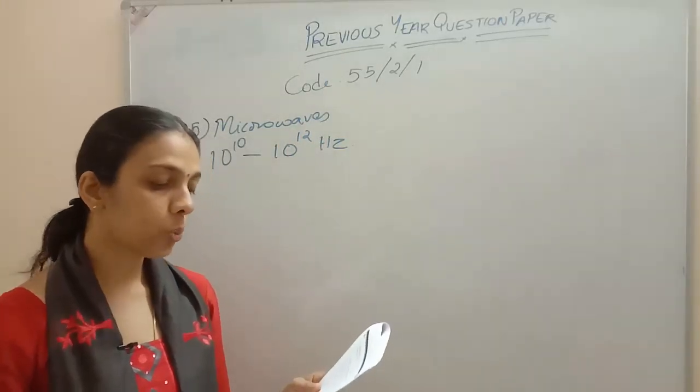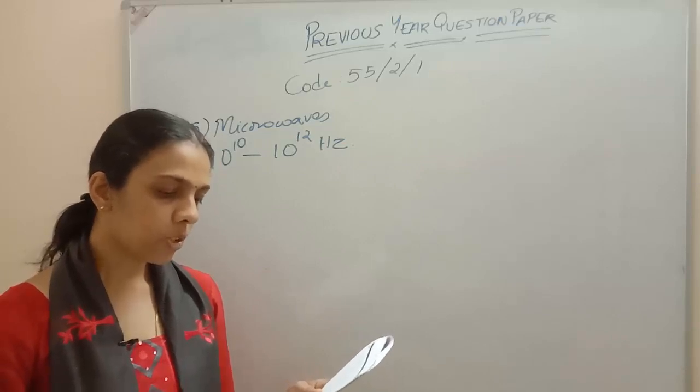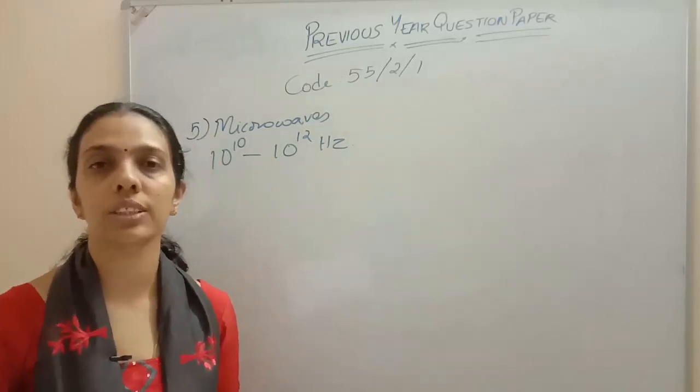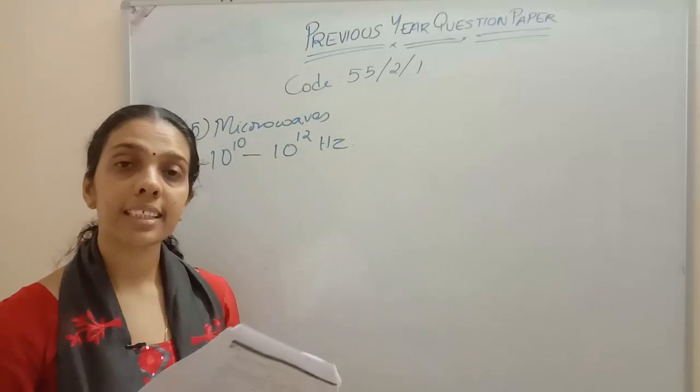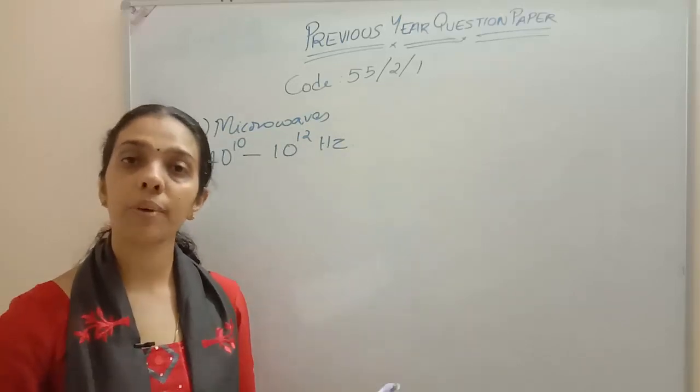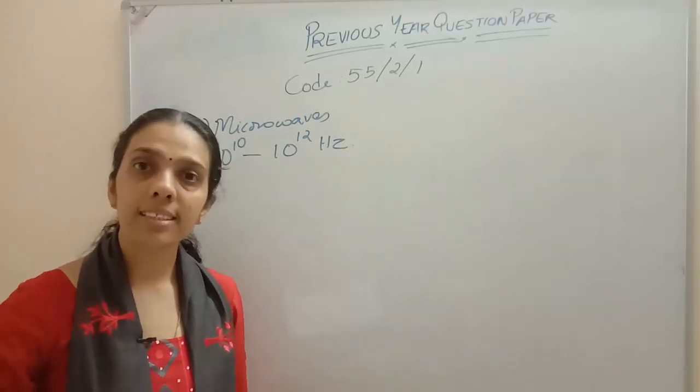How are electromagnetic waves produced by accelerating charges? Accelerating charges give an oscillating electric field.